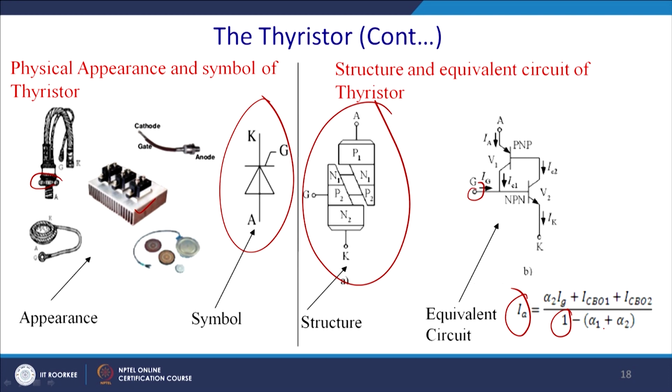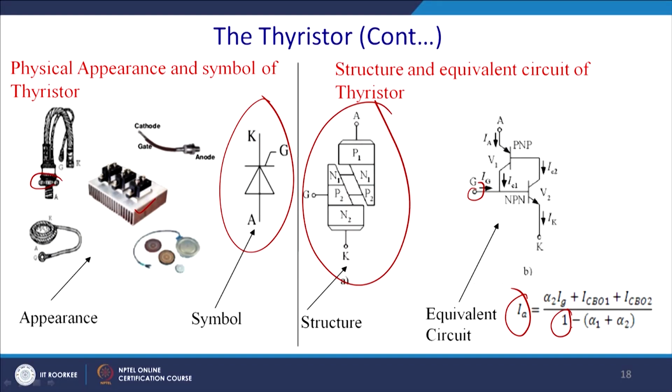Here alpha 1 and alpha 2 are not constant; these values can change depending on the injection, and generally alpha 2 changes. It may so happen that by changing this value, the denominator can be made close to 0, and thus high current will flow, and we say that the thyristor is triggered or latched.